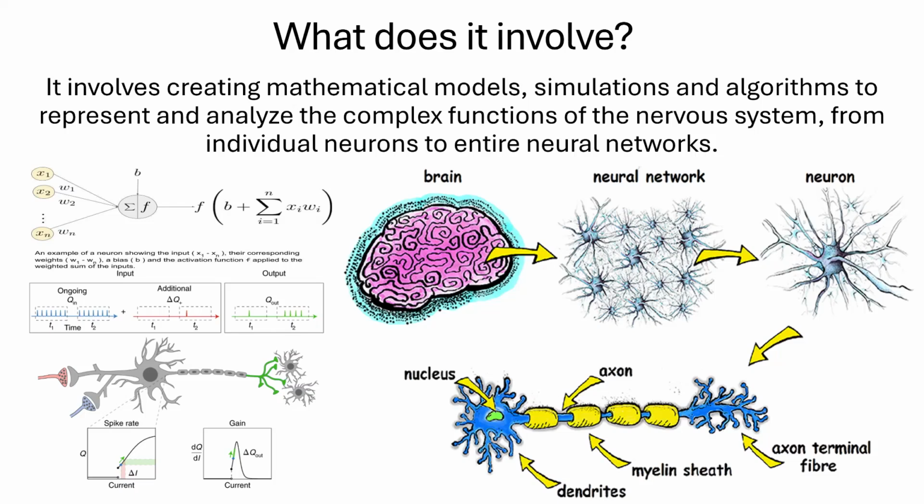This may start from a basic neuron structure and how it communicates with other neurons until we may have more complex models like neural networks or even the entire human brain.